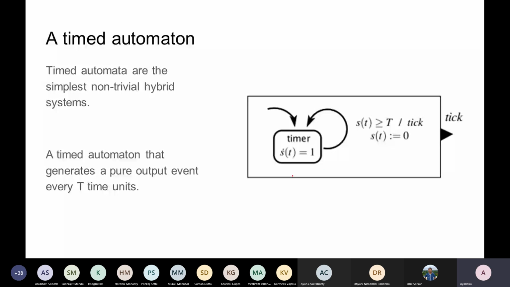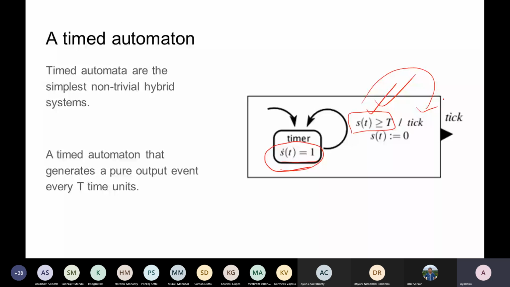How? We are considering the rate of change of the timer. We define that as our state variable input, and this is our transition condition. For the timer, we are checking whether our timer has run up to some time t. So if s(t) is greater than or equal to t, after that there will be a tick. Tick may be an input to your actual modeling system.